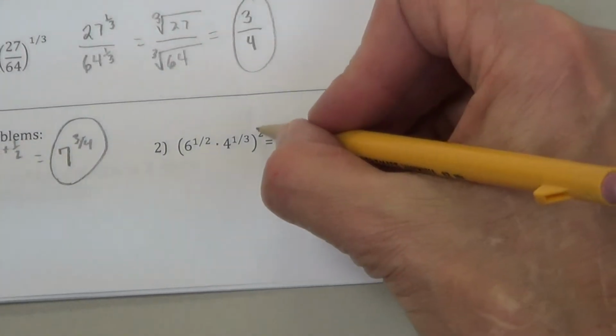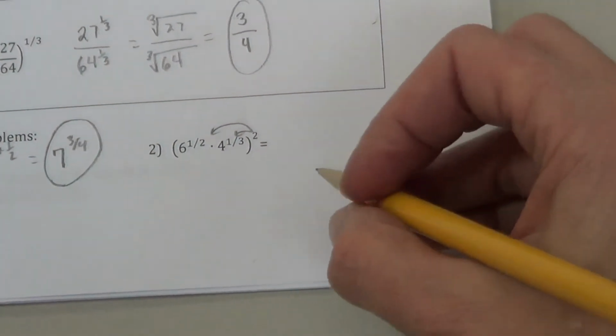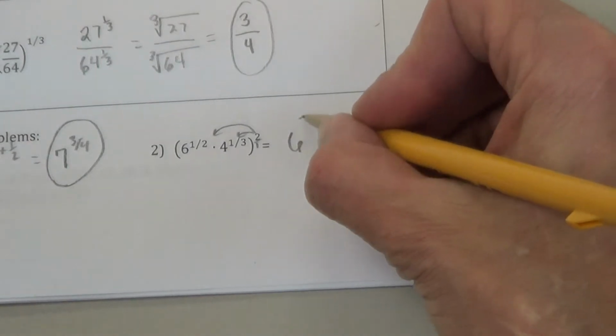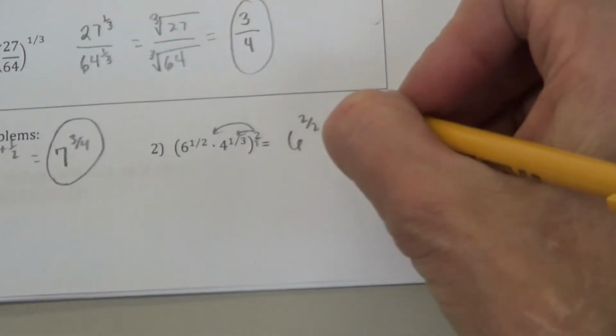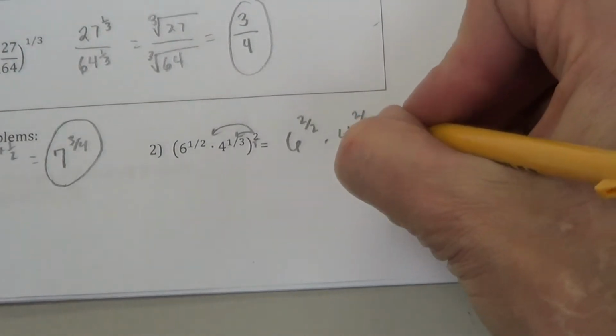Now this one, we're going to take the 2 and multiply it by each of those fractions, and that is 2 over 1. So it would become 6 to the 2 over 2 times 4 to the 2 over 3.